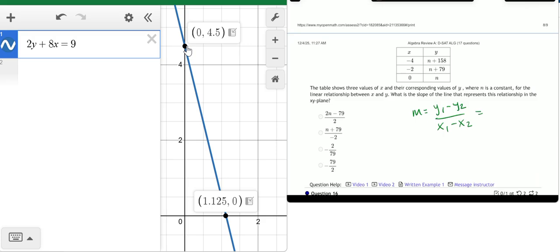So if you just took any 2 points on here and we plug those in, so let's say this is our y, n plus 79 minus our second y, n, over the corresponding x's, -2 minus 0. And we just solve, this is our slope. N minus n gives us a 79, -2 minus 0 is a -2. And so your answer is given.